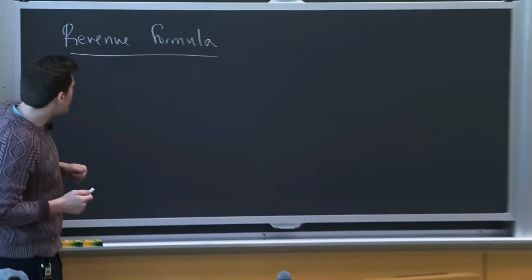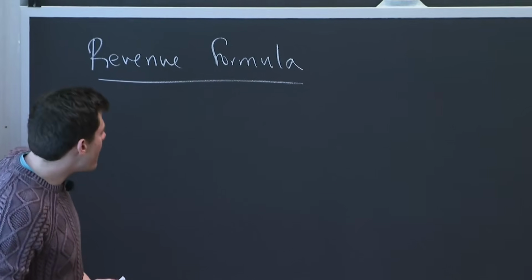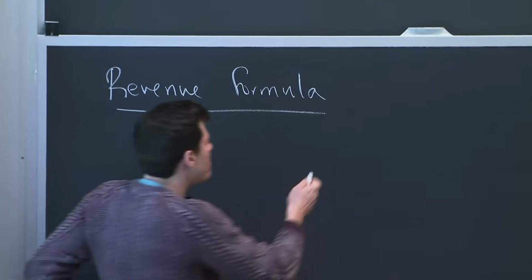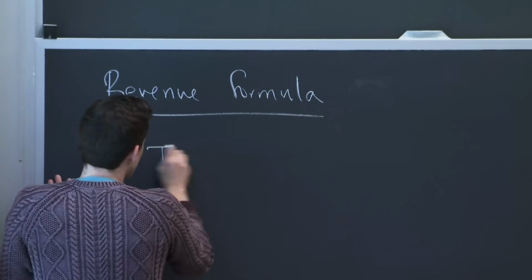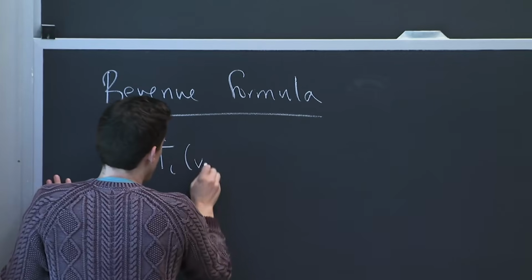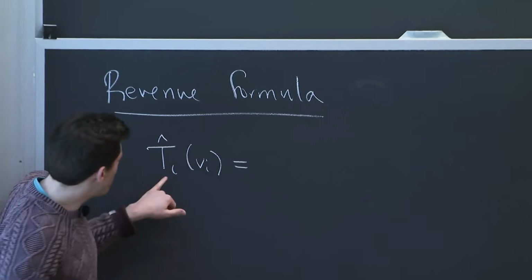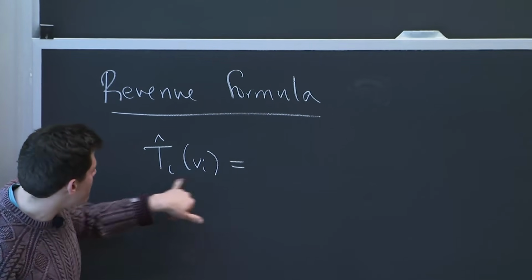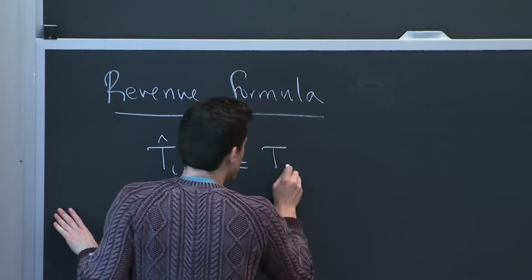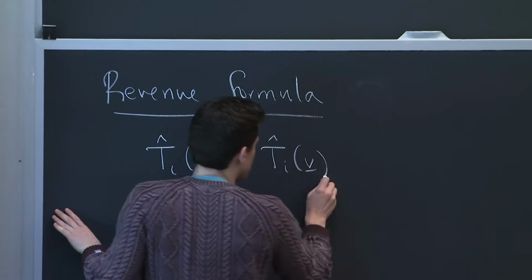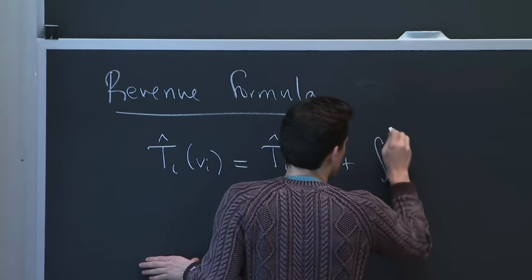Just a reminder of this revenue formula that we computed. We were looking at a single item auction, and we had this formula, maybe I'll write it down here, where we said Ti hat of Vi, which was the equilibrium expected payment by a bidder with valuation Vi, was equal to this.